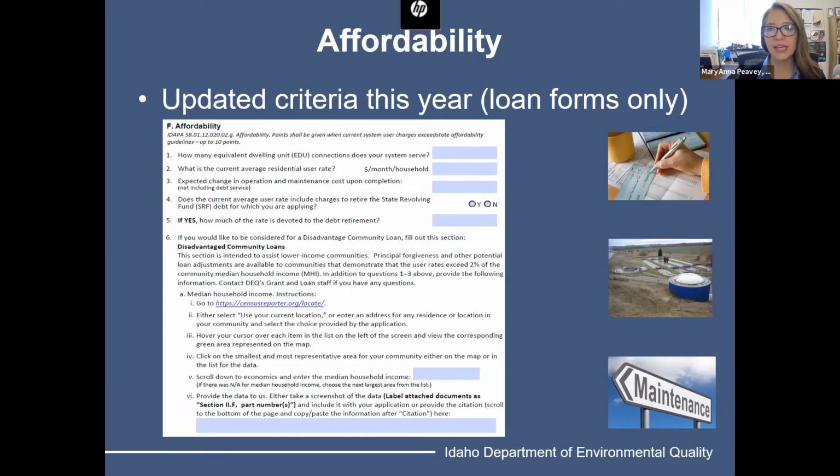And definitely, if you do not think the census data really reflects your community's income, contact us and we can talk through maybe some solutions on finding out how to calculate that median household income. In some cases, some cities or communities have opted to do an income survey. So that is definitely a possibility. Now go ahead and go to the next slide.